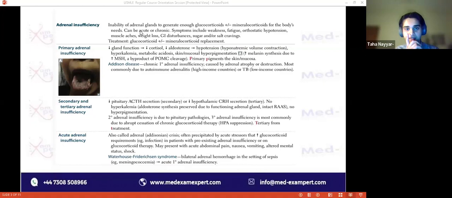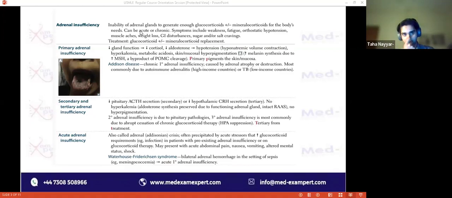Now, another thing that they love to test us on is that they often give you these arrow questions. They'll give you sodium, potassium, hydrogen, and then they'll tell you that this has either primary adrenal insufficiency or secondary adrenal insufficiency. You have to be very careful with these questions.